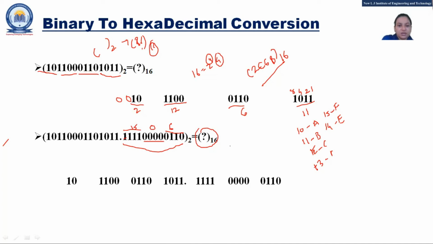So 15 is F. So here 0.F06 is the hexadecimal fraction of this 0.1111400110. So this is our answer.